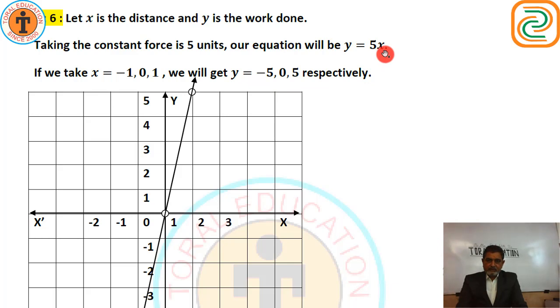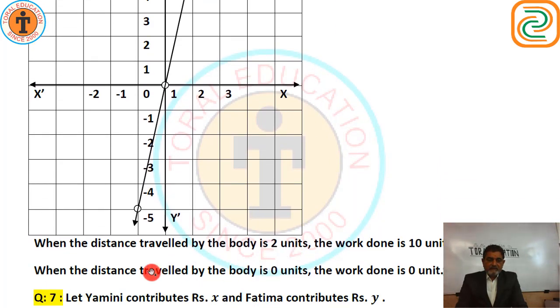Or we can put 2 fives are 10, right? So this is also our answer. If the distance travelled by the body is 0, then we have 0 units work done. Here (0, 0). If we put x equals 0, then y is also 0.